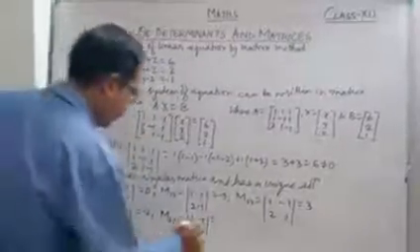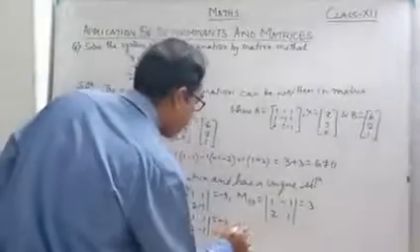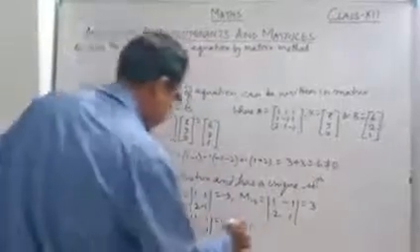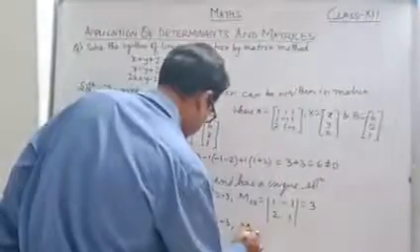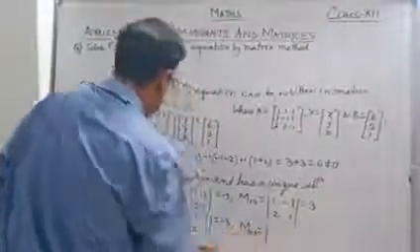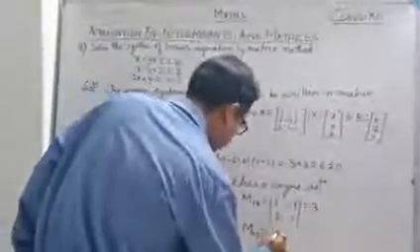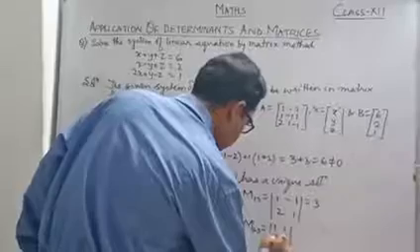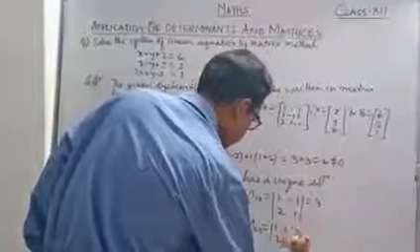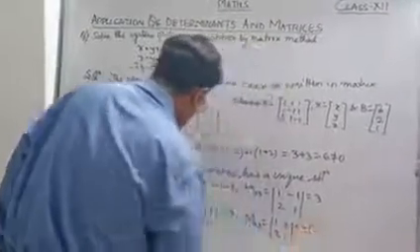That is equal to minus 1 minus 2, minus 3. M23. M23 will be 1 1, 2 1. 1 minus 2 means minus 1.